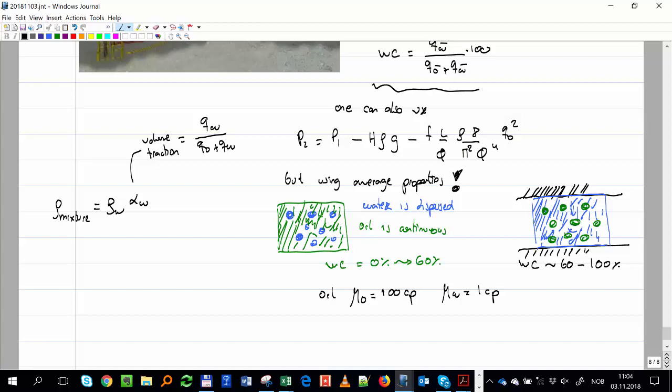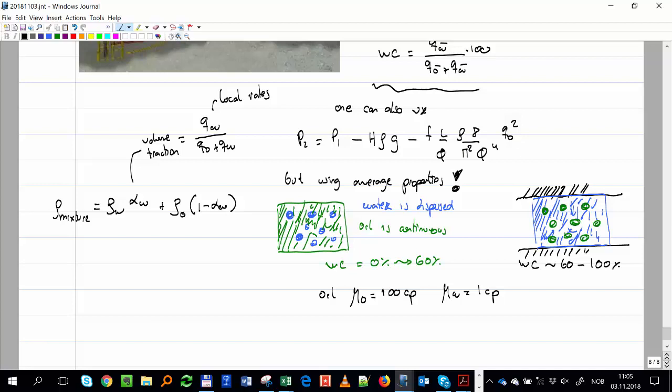It's almost similar to the water cut, but the water cut is defined with standard conditions rate. This one is defined with local rates. Plus density of the oil times 1 minus alpha.